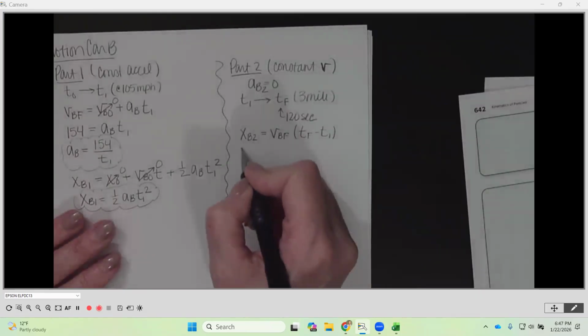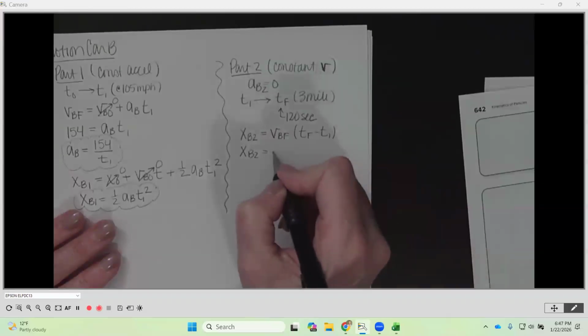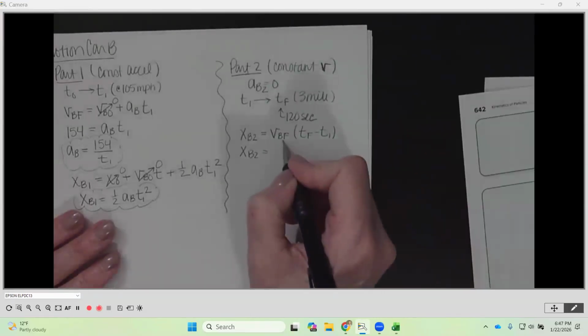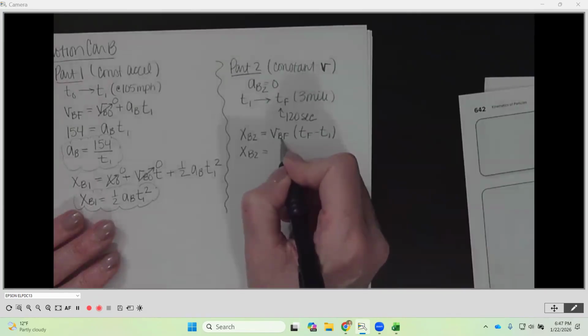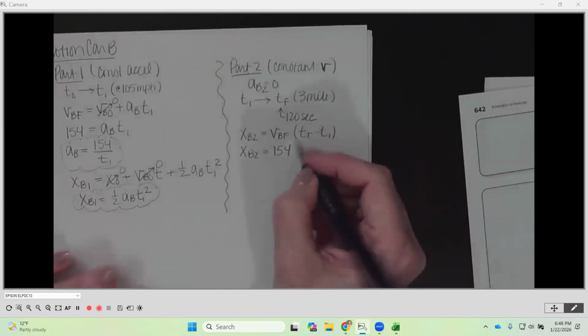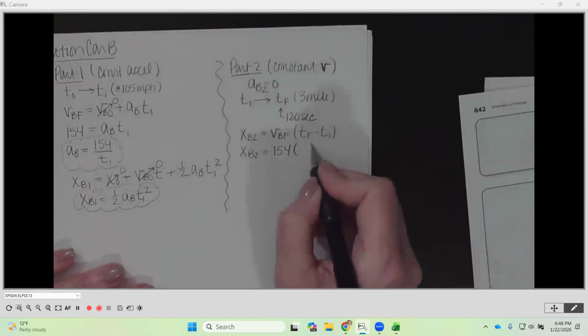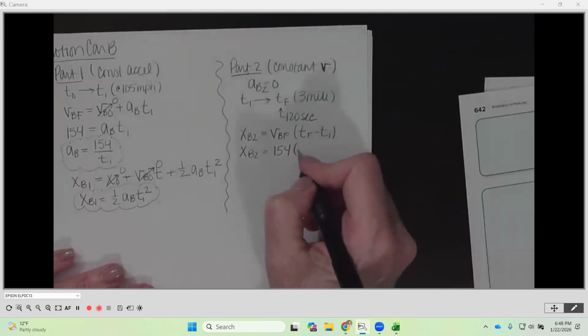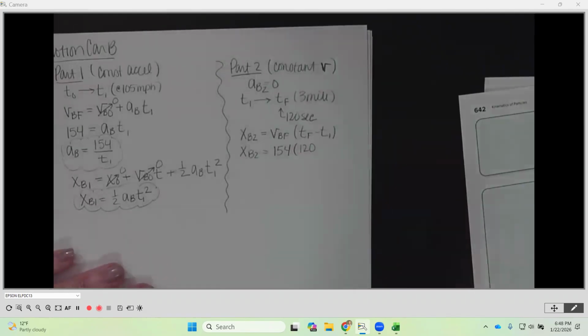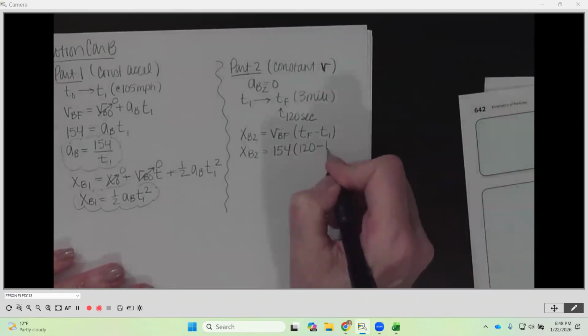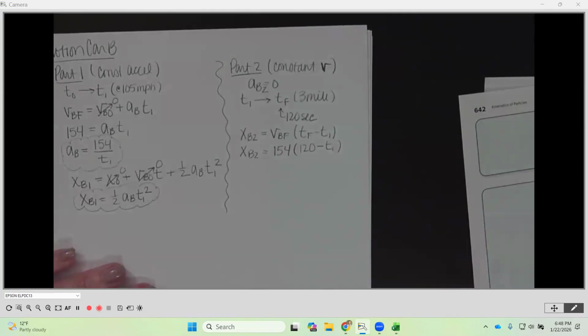Because we're just looking at part two. So we don't know XB2. That's going to be equal to, because that's that chunk. But we do know that the velocity of our police car is 154 during this section, uniform. And then we do know that that final time is 120 seconds all the way to the end minus T1, okay?